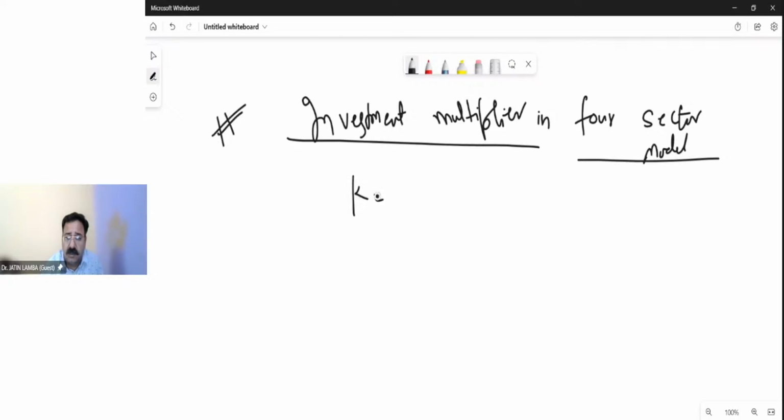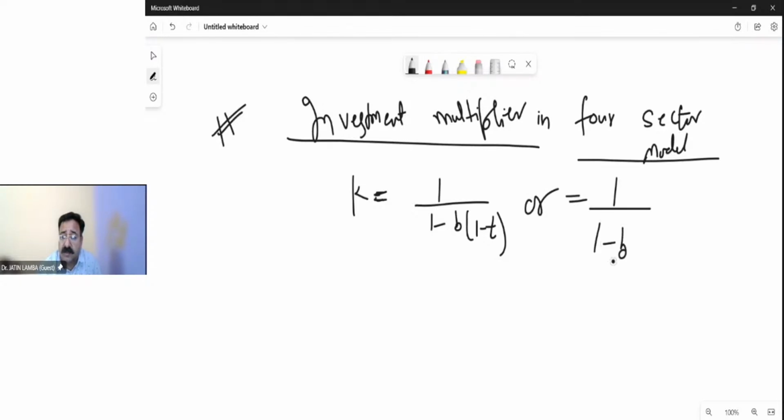That will be 1 upon 1 minus b into 1 minus t if tax rate is given. If tax rate is given, then it will be this, or if tax rate is not given, then simple 1 upon 1 minus b.